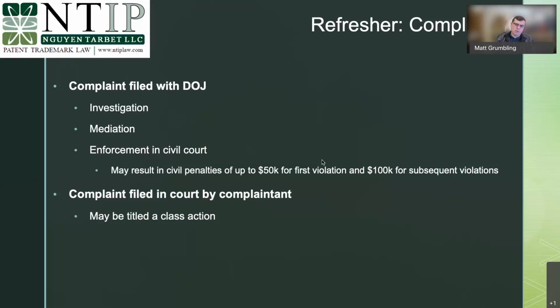And the whole idea of a class action is to bundle together the complaints of a whole bunch of people whose individual complaints might not amount to much, but all together, it adds up to a hefty drain on the economy. So the damages vary. They may be very large. They can outstrip that $50,000 or $100,000 with the DOJ enforcement by a lot.